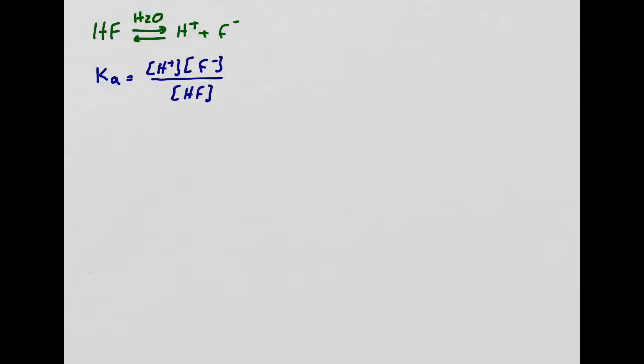Now, if you remember, we said that F minus is the conjugate base of hydrofluoric acid. What's the conjugate again? The conjugate is the species after you lose a hydrogen. So when hydrofluoric acid loses a hydrogen, F minus is the conjugate of it. Since HF is a weak acid, its conjugate is a conjugate base.